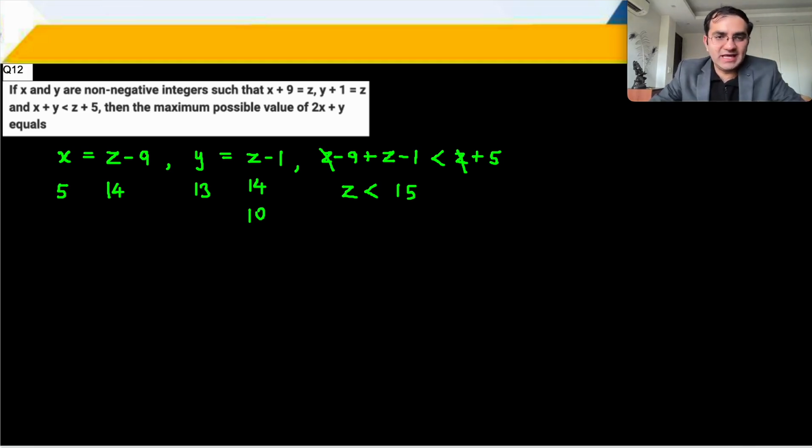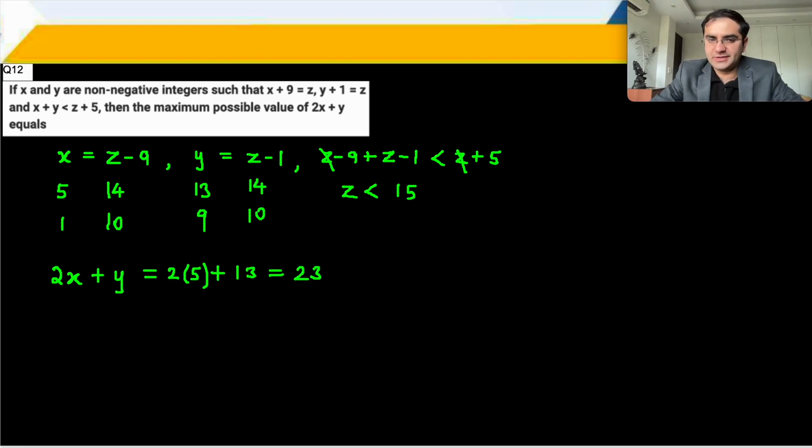If z is 10, y becomes 9. If z is 10, x becomes 1. So it's becoming smaller. Smaller values of z are giving smaller values of x and y. So I just take the largest case, which is the first one. So 2x plus y, maximum value becomes x is 5 and y is 13, and your answer is 23. And that is the question.